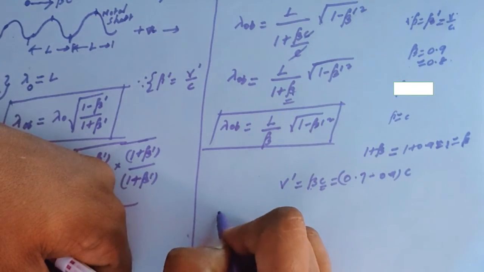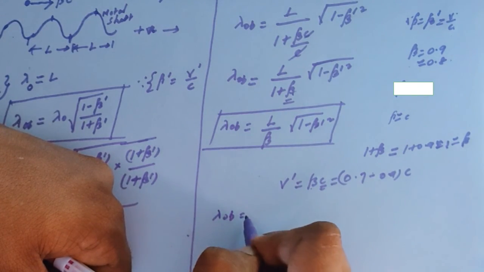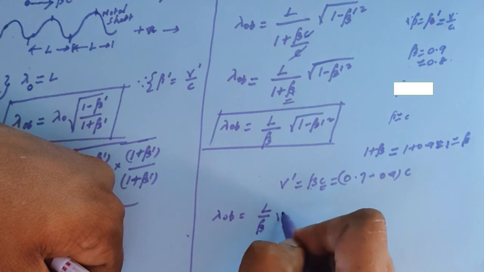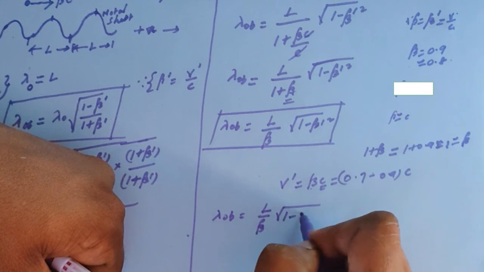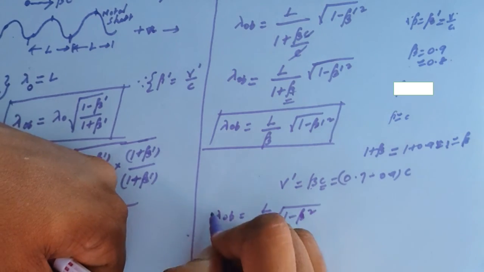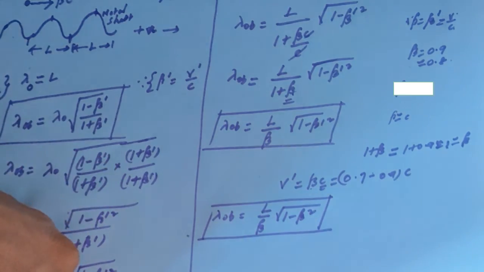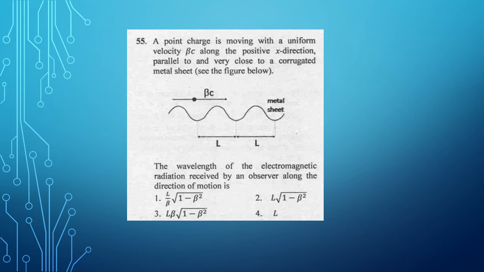So the lambda observed wavelength, in general, will be equal to L by beta times square root of 1 minus beta square. From the above calculation, we got the answer L by beta square root of 1 minus beta square. So this is the right answer.